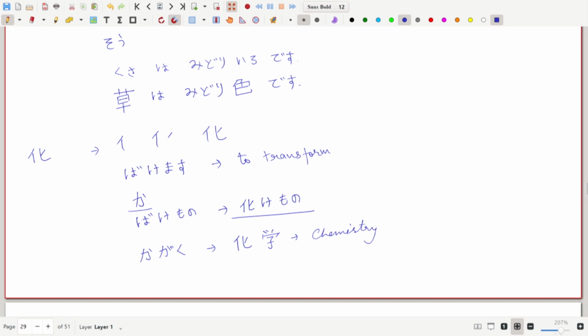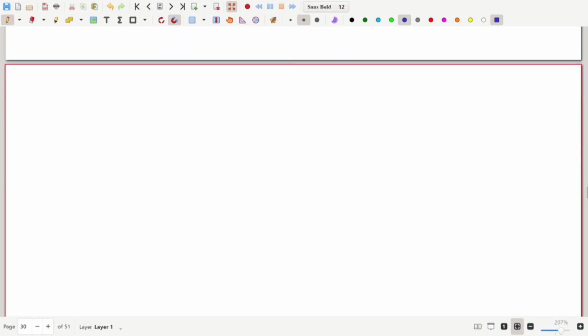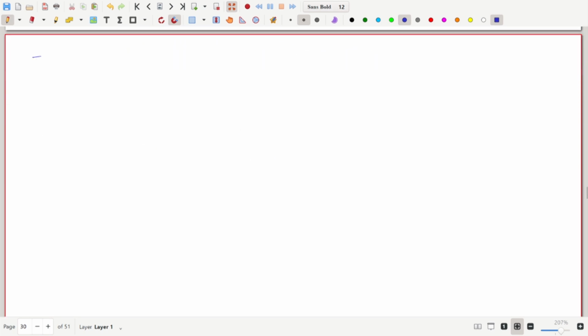Next is the kanji of hana. First is the kusa radical, this part which represents kusa, and then this part.